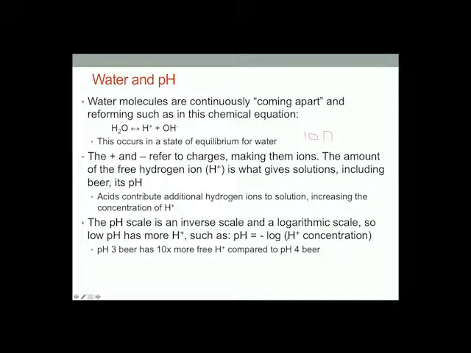To demonstrate this, we'll consider the difference between a beer that's at a pH of 3 versus a beer that's at a pH of 4. And in fact, what we'll see is that the beer at a pH of 3 has 10 times greater amount of hydrogen ions compared to pH 4. The way that works is that beer at pH 4 has a hydrogen ion concentration of 0.0001, and the units we use to define that are called moles per liter, or molar.